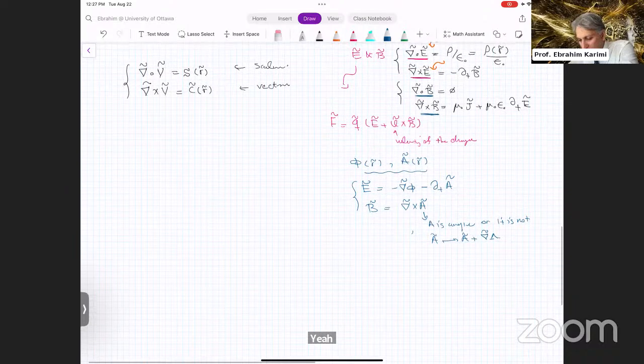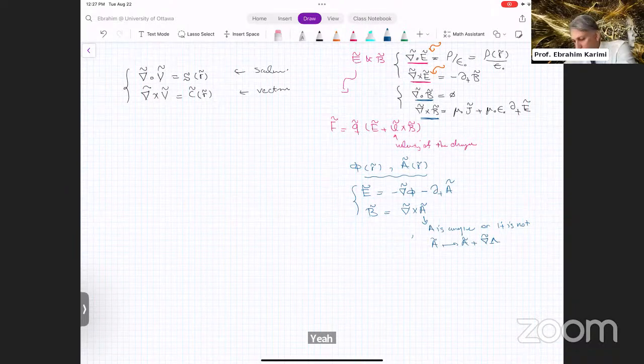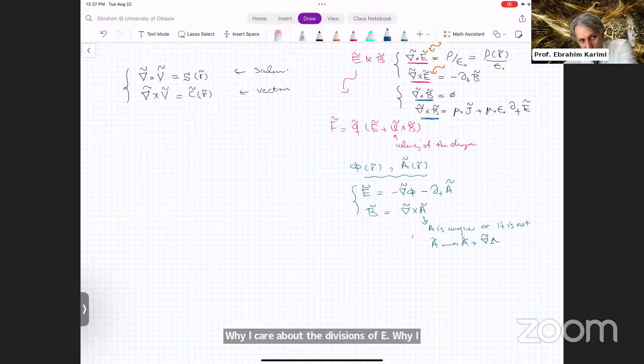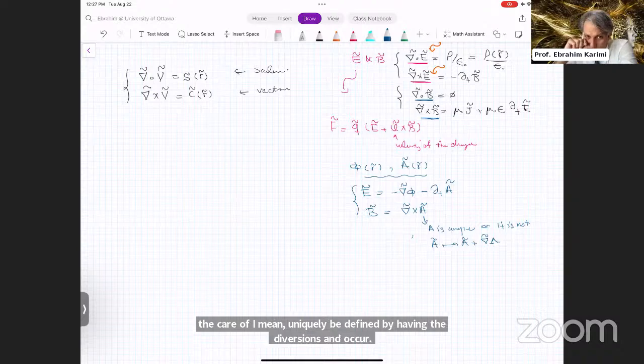What I want to ask is a very deep question. Why do I care about the divergence of E, and why do I care about the curl of E? Will a vector be uniquely defined by having its divergence and curl? Or do I need something more than that?